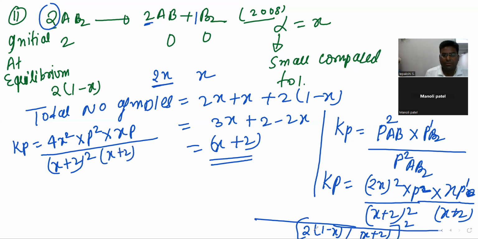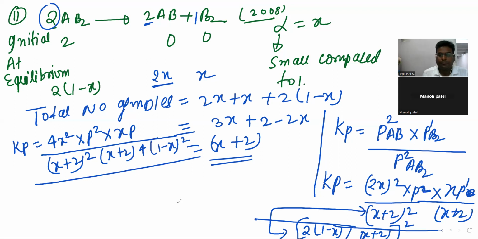So write this part also. After squaring, it will become 4 into 1 minus x whole square divided by x plus 2 whole square. This is multiplied with this one, and this denominator will come upward. So it will be x plus 2 raised to square, and here pressure P square. Now cancel the matching parts.